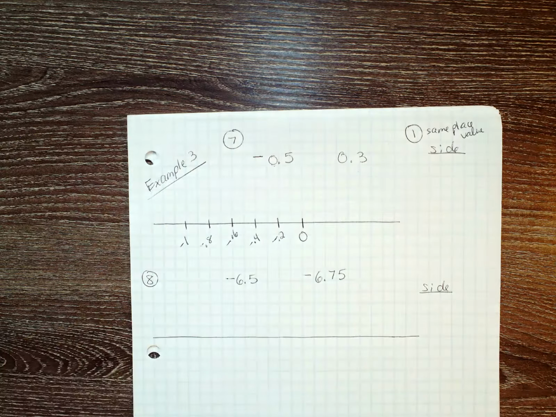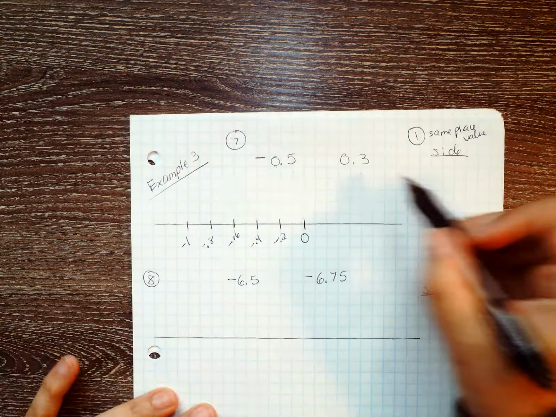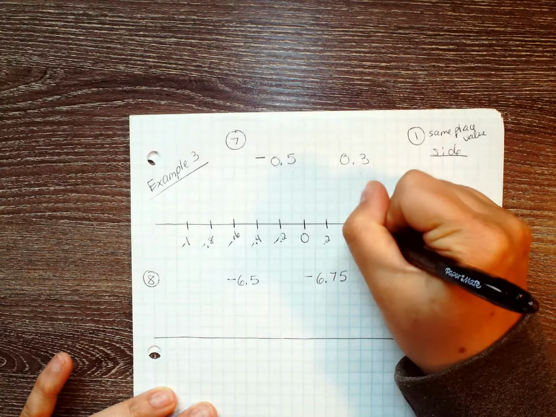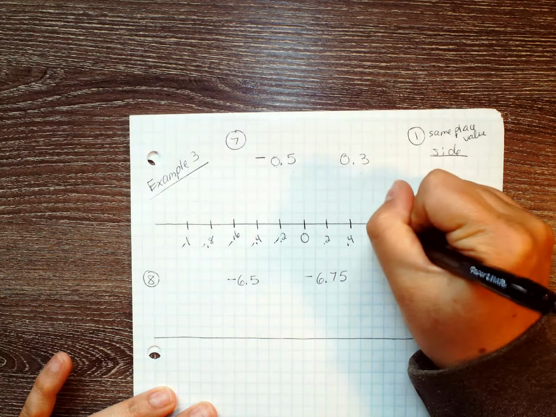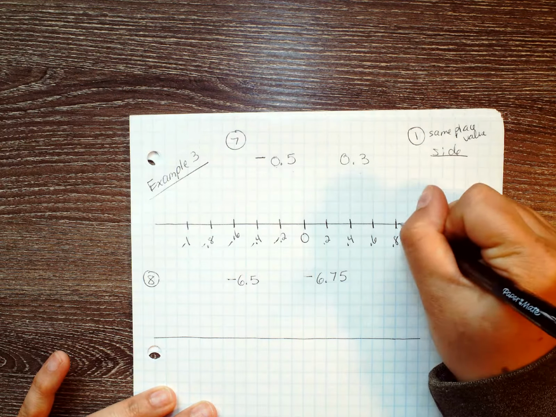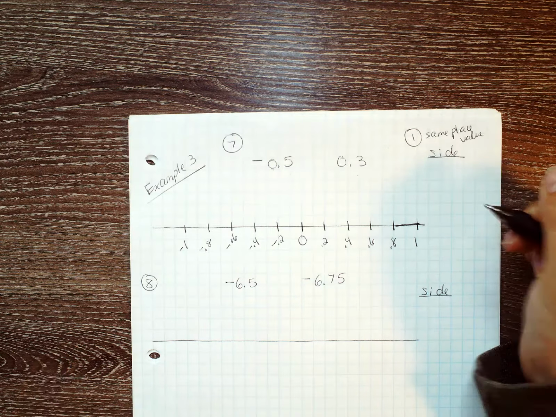You always want to go to the whole number so that you have exactly what you're looking for. And then this is positive 3/10. So this is 2/10, 4/10, 6/10, 8/10. And let's bring this a little bit over. I should be using a ruler. And this is positive 1.